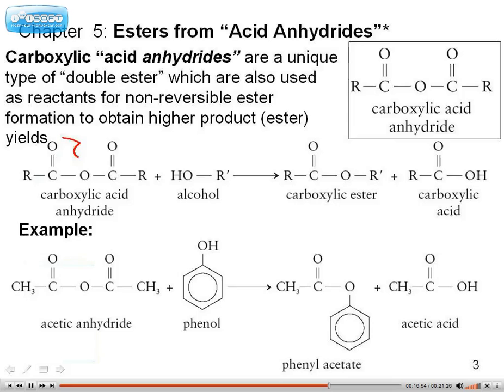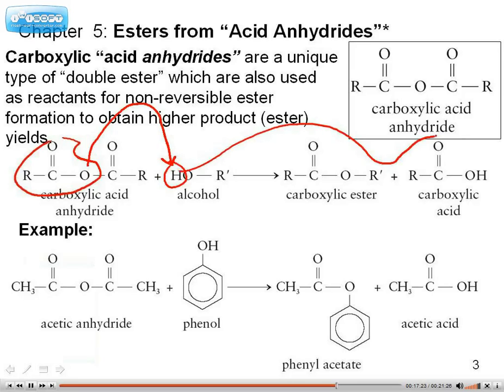So essentially what happens is we take a look at our demo of a carboxylic acid anhydride. This is going to break apart, and what's going to happen is this portion right here is going to combine with this particular hydrogen and is going to form a brand new carboxylic acid.